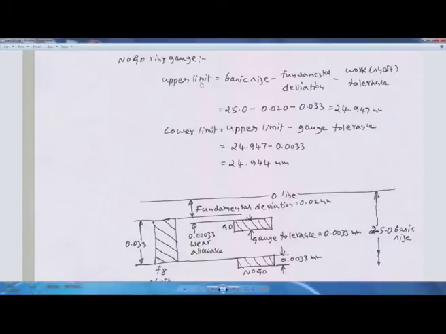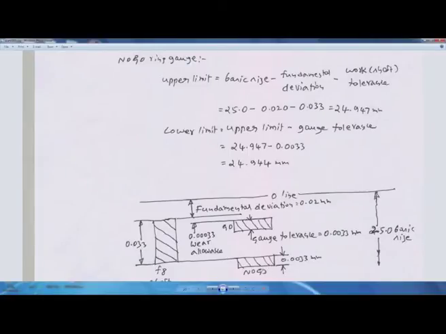So the upper limit of the no go ring gauge will be equal to 24.947 millimeter, and this is the lower limit for the no go ring gauge.